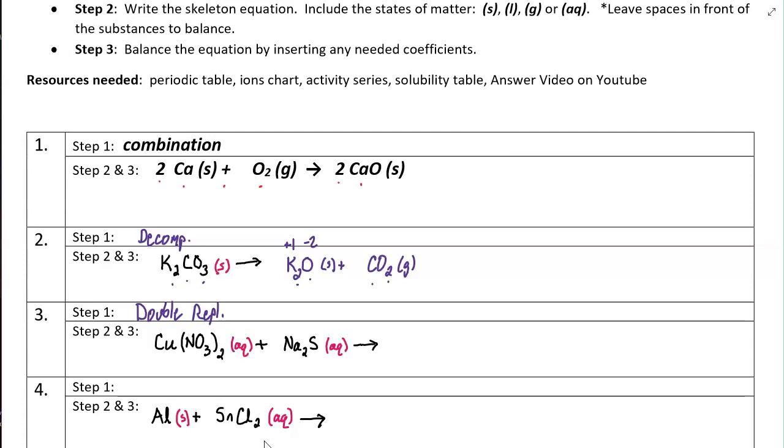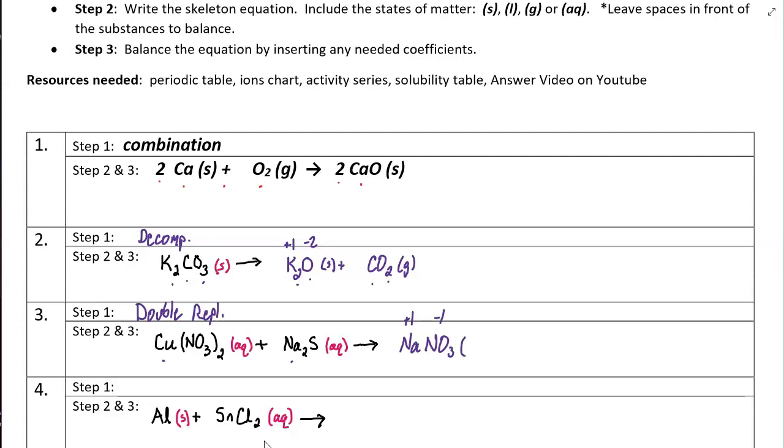In double replacement, the cations switch positions. The copper and the sodium switch positions. So the Na will be bonded with the NO3, sodium nitrate. Sodium is positive 1, nitrate is negative 1, no crisscross needed.